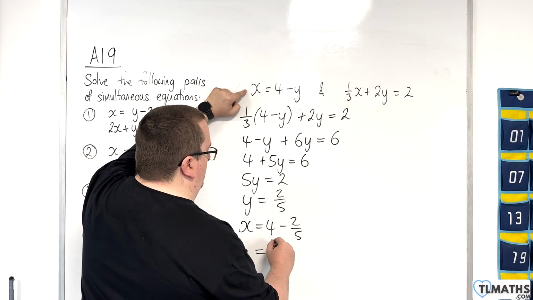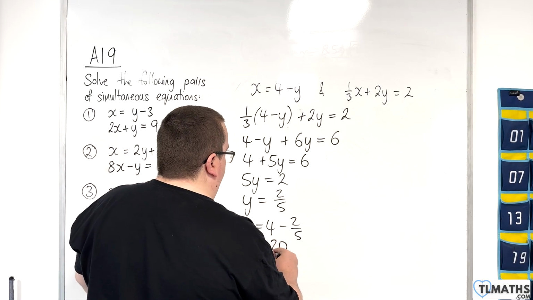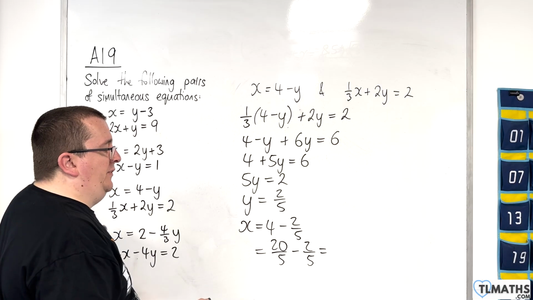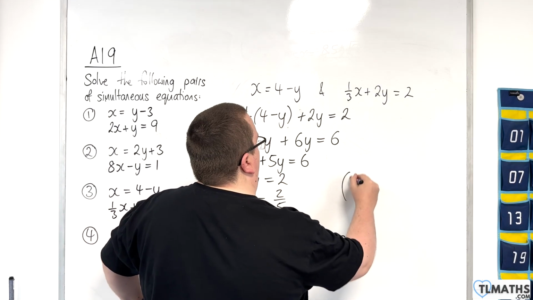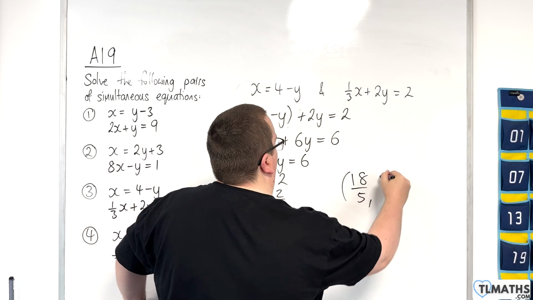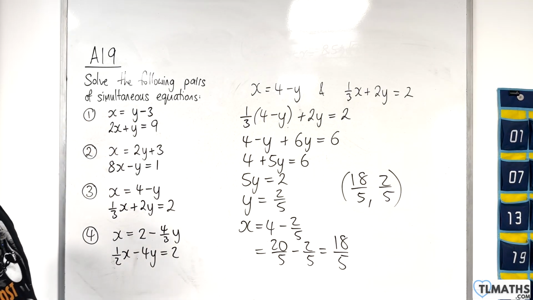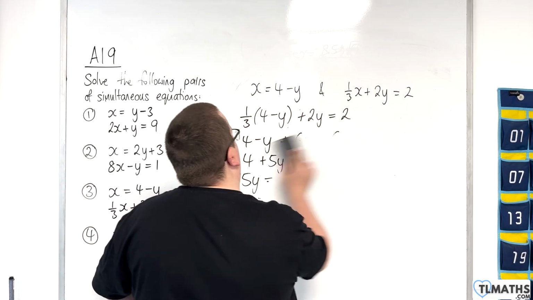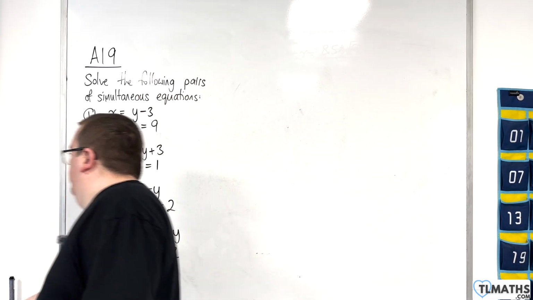Now 4 is 20/5. So 20/5 take away 2/5 is 18/5. So 18/5, 2/5 solves those equations. Okay. So that's the third one.